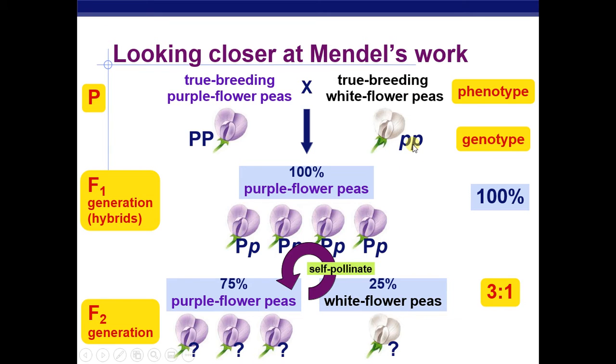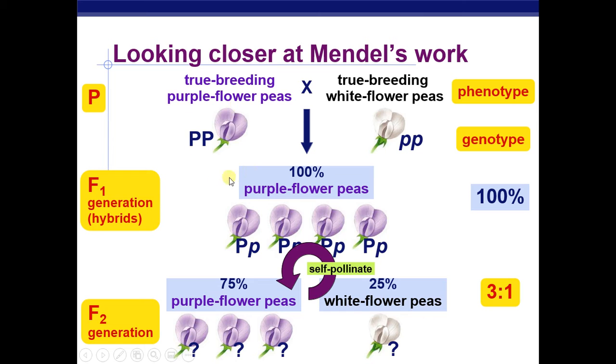So that's another way to say true breeding is an organism that has two of the same alleles, whatever that is, two dominant or two recessive. So these are both true breeding because the purple one has two dominant alleles and the white one has two recessive alleles.